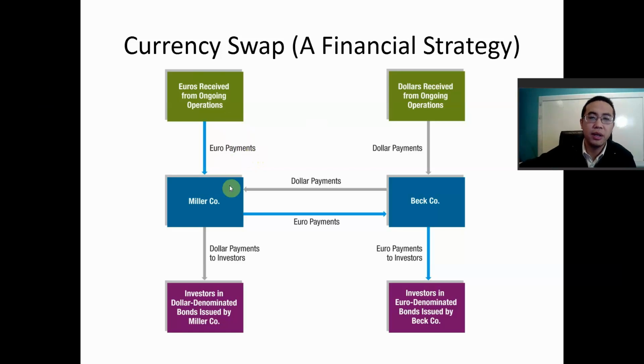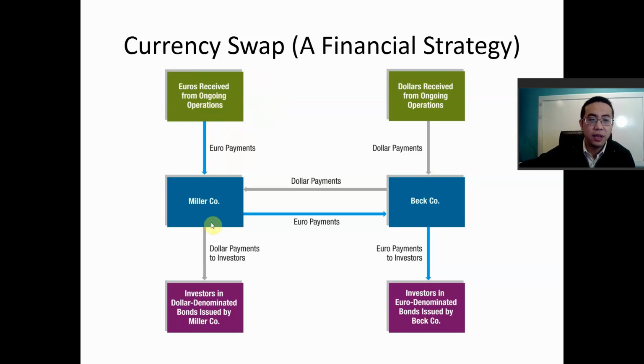One is an American company, let's say called Miller, and there's also a German company called Beck. All right. So the American company has European operations, and they would receive euros from their European subsidiaries. And this German company has U.S. operations, and then they receive U.S. dollars from their American business.